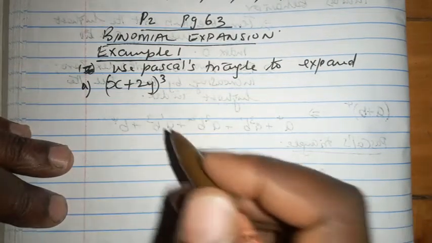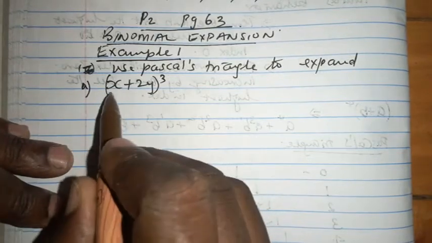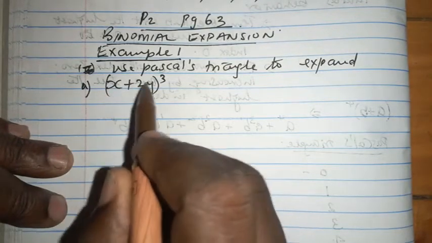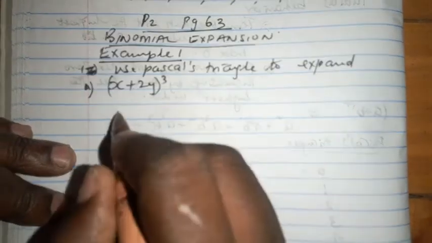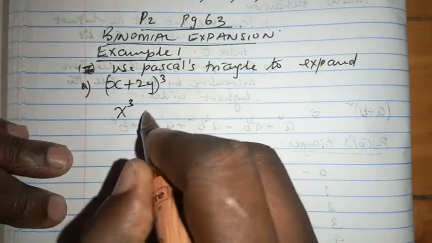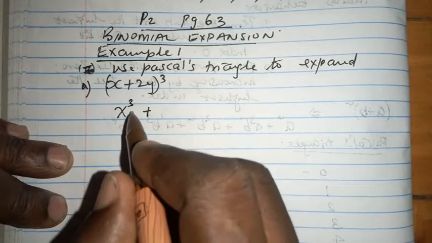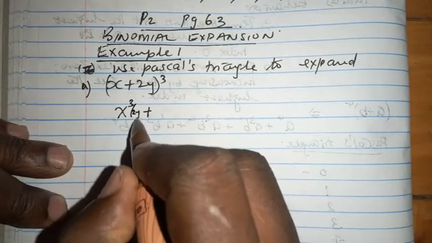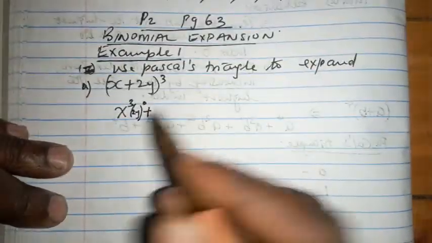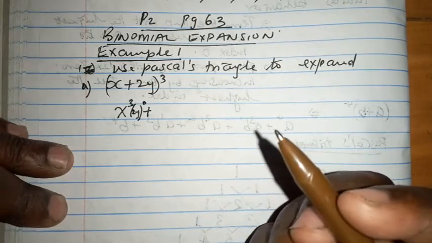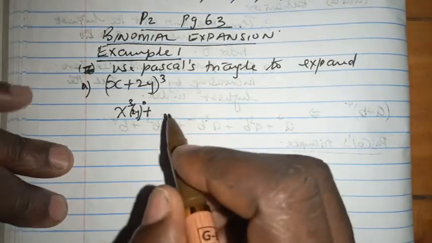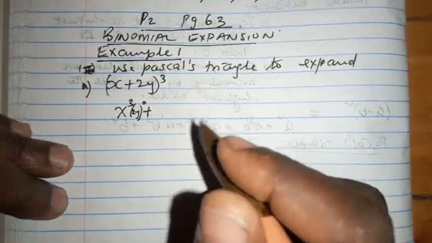Now this one is just straightforward because we need to look at term 1 and expand it with the highest power, that is x cubed. Then we add, of course, term 2, 2y raised to power 0, but it's obviously 1, so it is very silently put there.